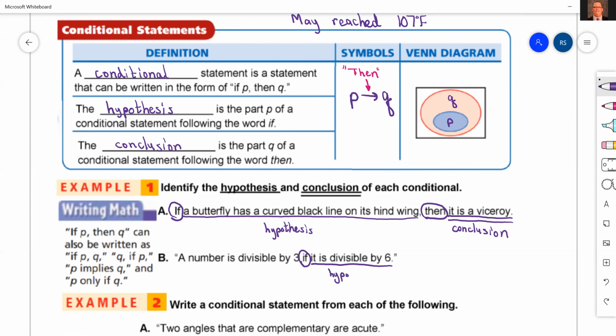In this case, our hypothesis is at the end. Now, does this sentence have a then? No, but that's because we actually started with our conclusion. We don't need a then. This is our conclusion.